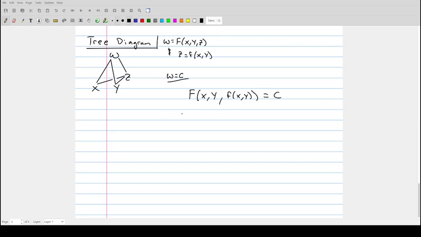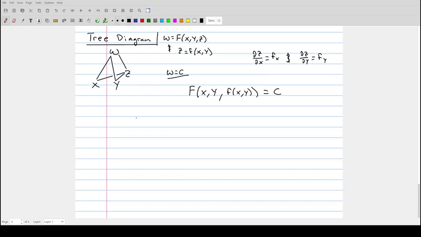So this is the equation that's true on any level surface. So to get the partial derivatives of lowercase f with respect to x and lowercase f with respect to y, because dz dx is the same thing as fx, and dz dy is the same thing as fy.